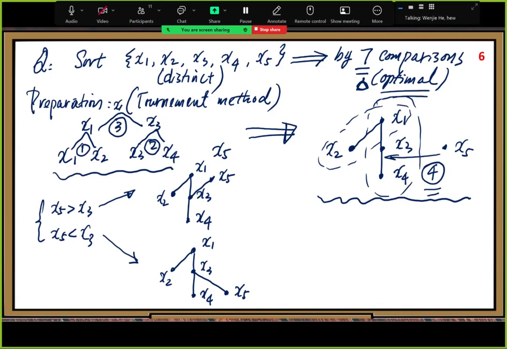But this comparison would give us 2 cases, and these 2 cases are not symmetric. So we have to discuss each one by one. If it were symmetric, we would only need to discuss one of the 2 cases. Symmetric means if you put a mirror there and flip, it is basically the same thing.